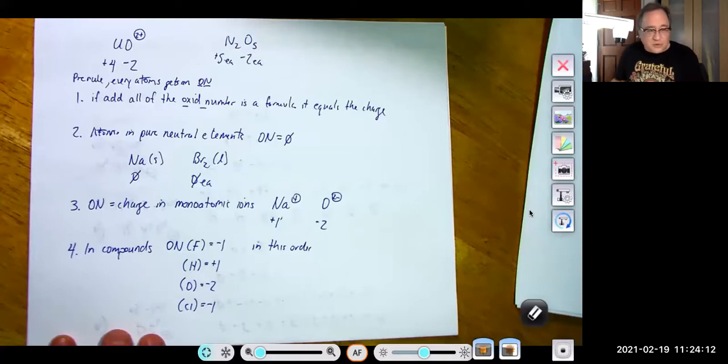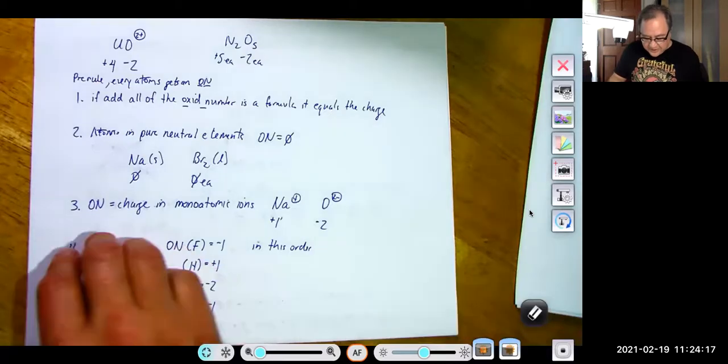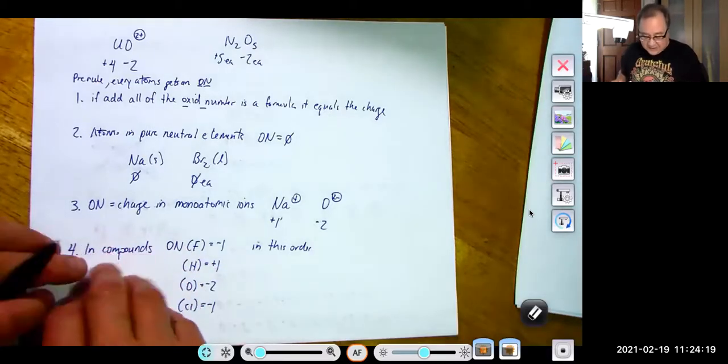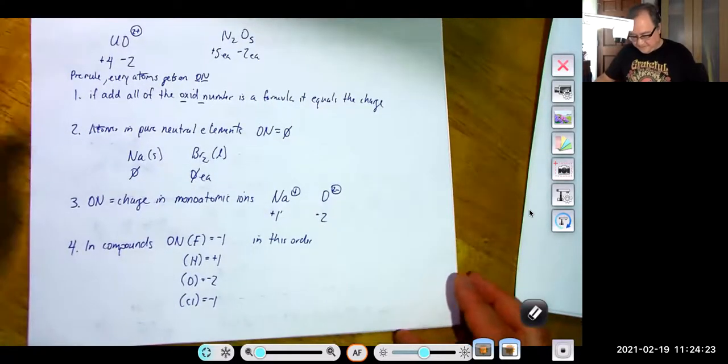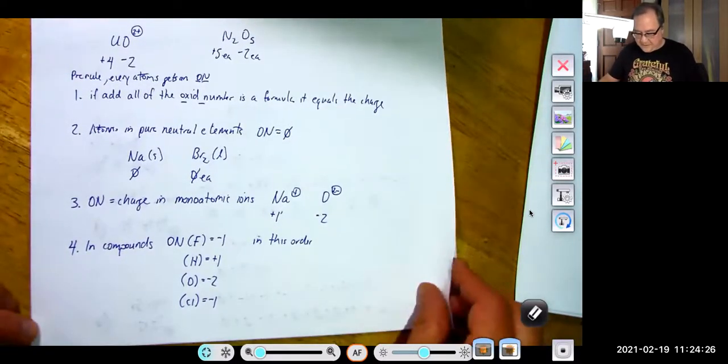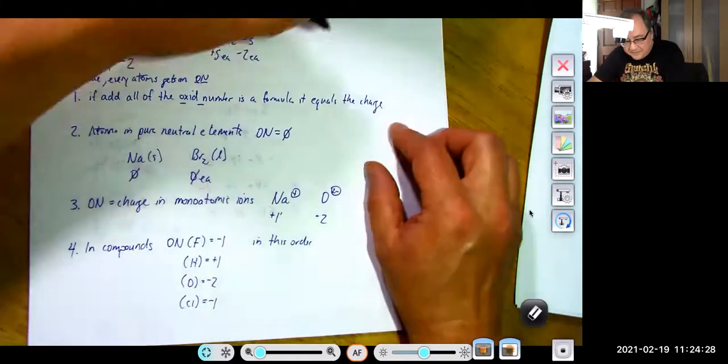So these are your basic rules. So let's assign some oxidation numbers that are not here. Some more interesting ones, if you will. Like this one.